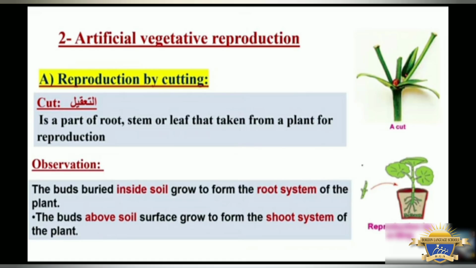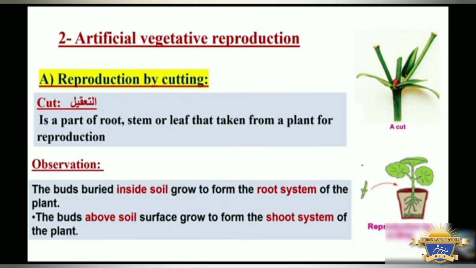It is common for the cut to be a branch carrying many buds. If we get some cuts of different plants like grapes, roses, or sugarcane, then cultivate them in a pot or in a can full of soil, as we see in the image, such that a bud or more should appear above the soil surface.